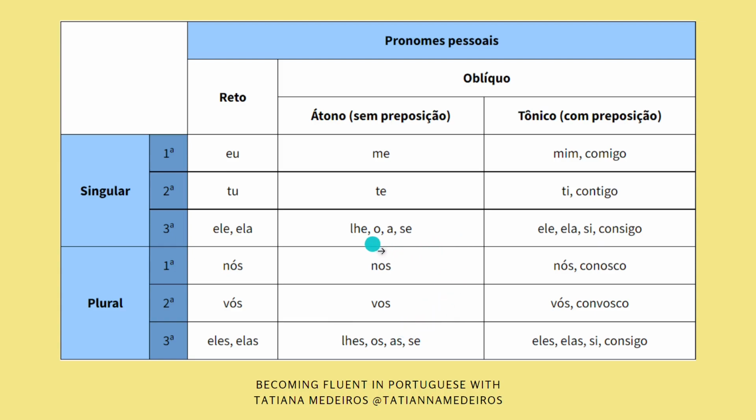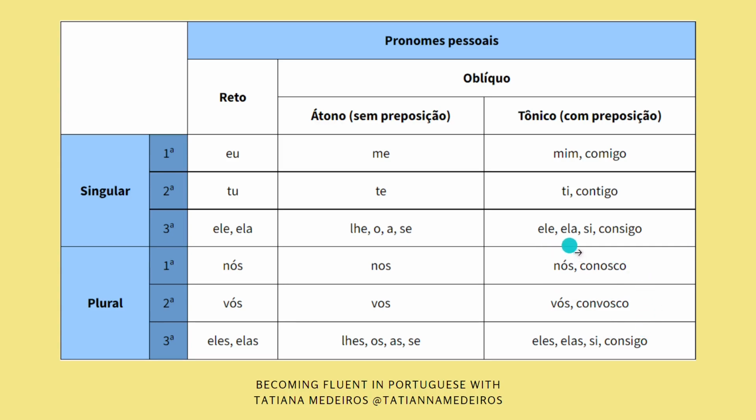As you can see, o and a can also be articles, but also pronouns. Mim, comigo, ti, contigo, ele, ela, si, consigo, nós, conosco, vós, convosco, eles, elas, si, consigo.